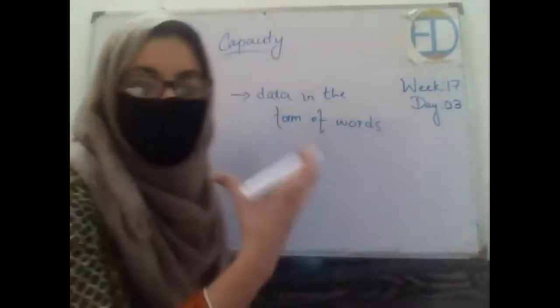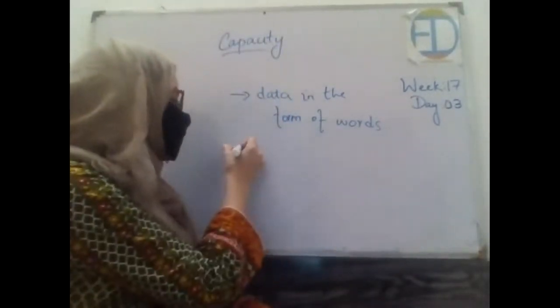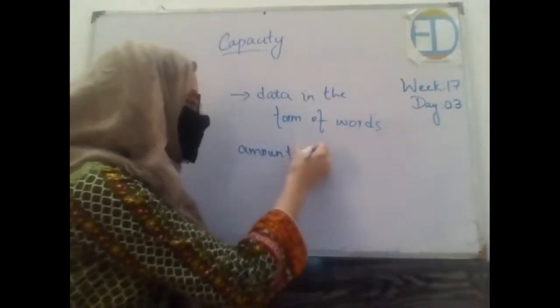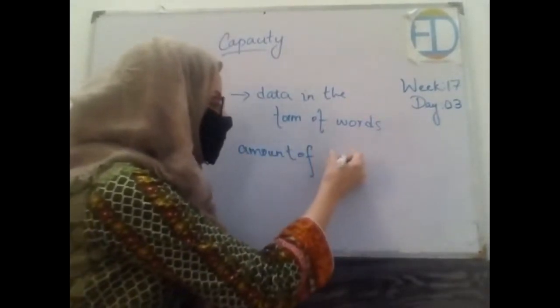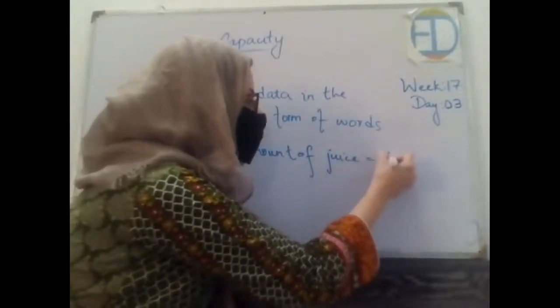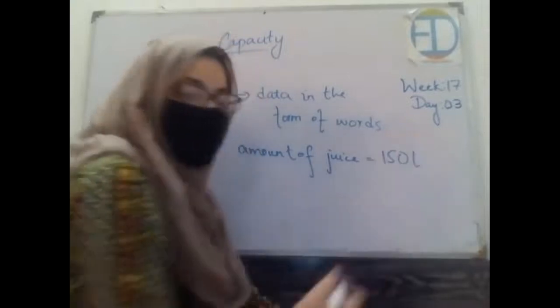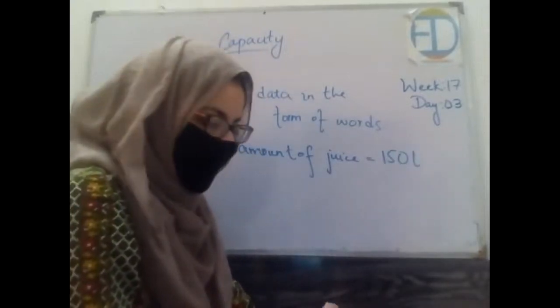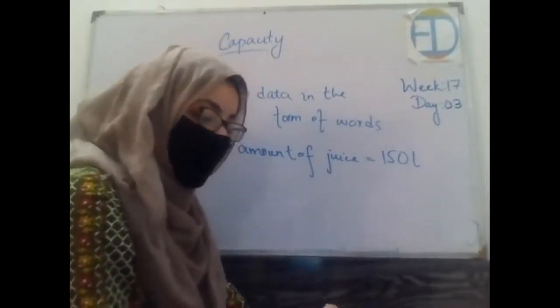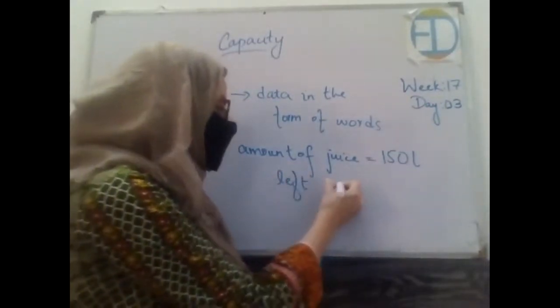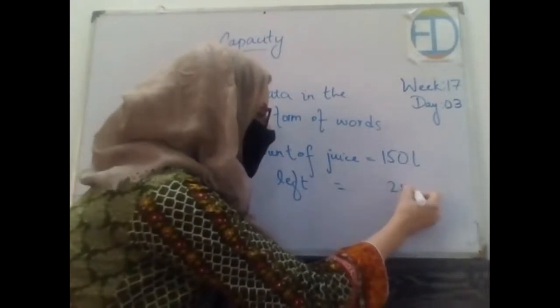The amount of juice prepared is equal to 150 liters, not milliliters. Then it says that at the end 25 liter are left. Only 25 liter.